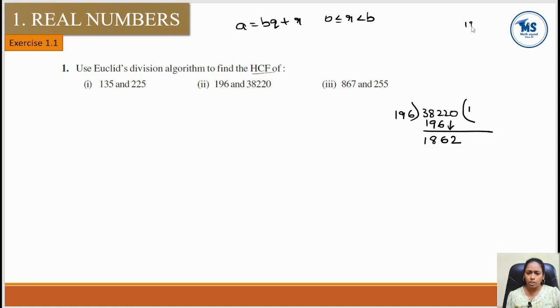I think 196 goes nine times: 9 nines are 81 plus 1, so 19 nines are 1764. Obviously 196 into 10 will be 1960, which will be more than this number.